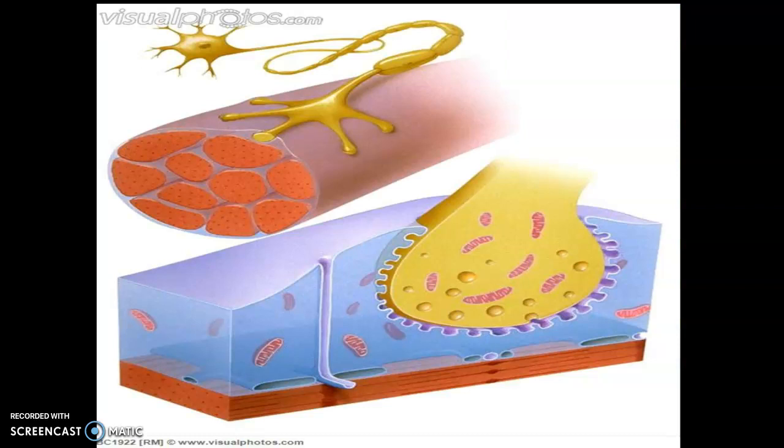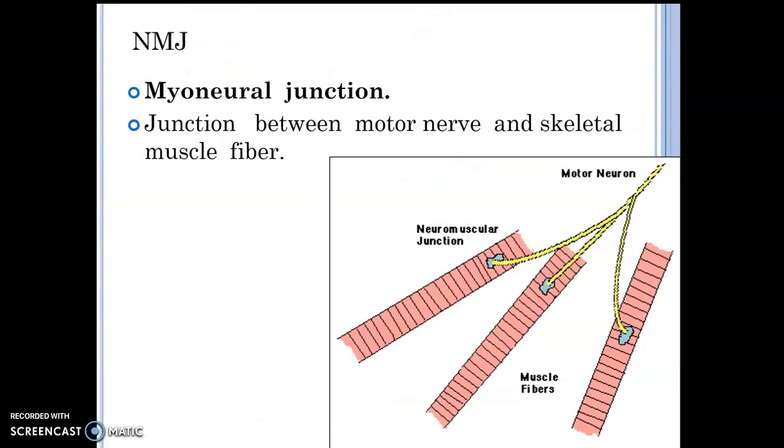This is the diagram showing how a nerve is ending in a skeletal muscle. A motor nerve coming through the spinal nerve ends in a skeletal muscle. So neuromuscular junction, otherwise called a myoneural junction, is the junction between a motor nerve and a skeletal muscle fiber.